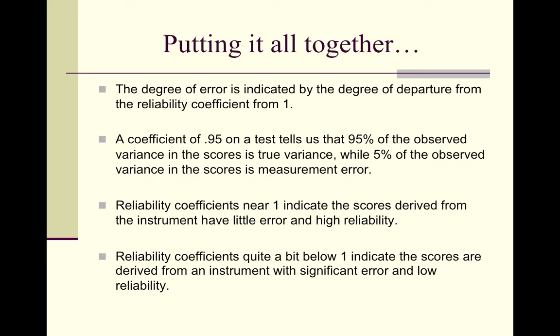Little error results in high reliability; significant error results in low reliability. And reliability coefficients quite a bit below 1 (what's quite a bit? I have no idea, but think of 0.40, 0.30, 0.50) indicate the scores are derived from an instrument with significant error and low reliability.